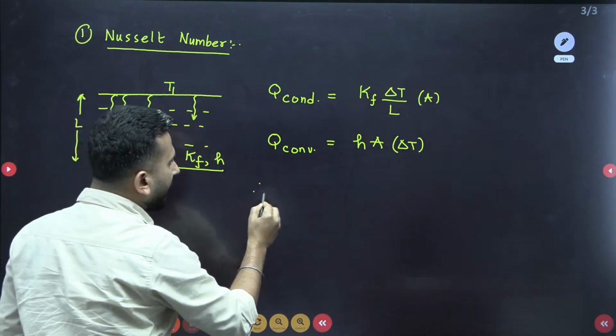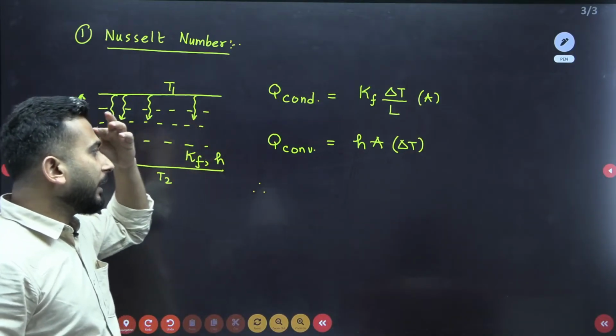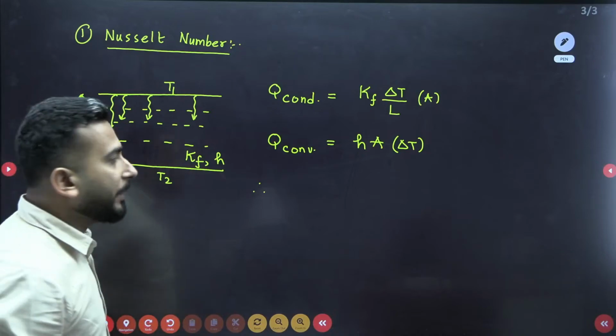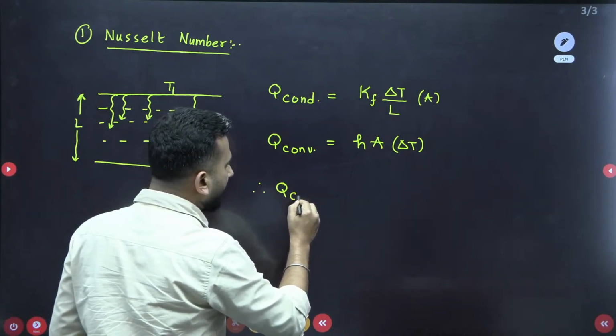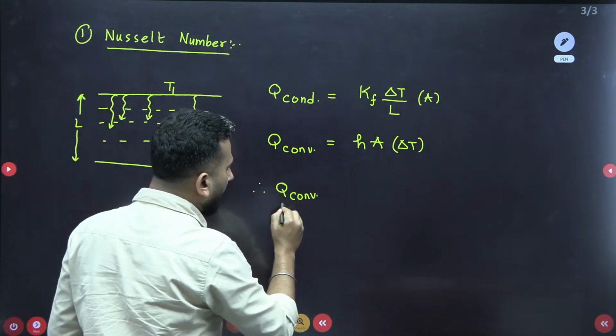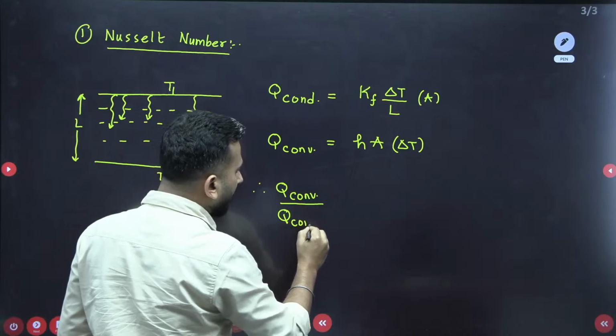So definitely by our common sense we know that Q convection is more than Q conduction. Definitely there is some enhancement over the rate of heat transfer. So how much is the enhancement? How many times is Q convection more than Q conduction?